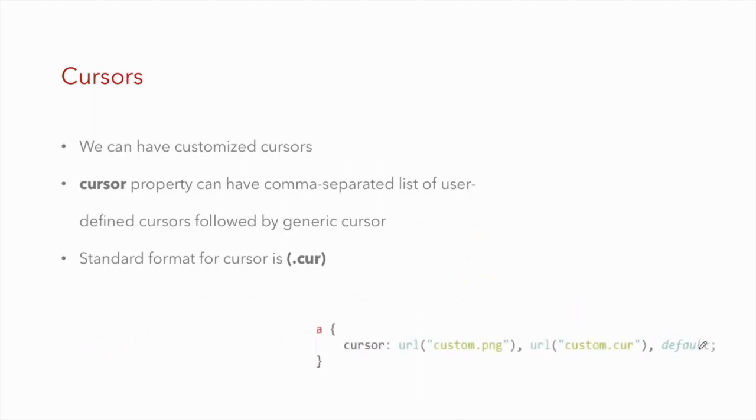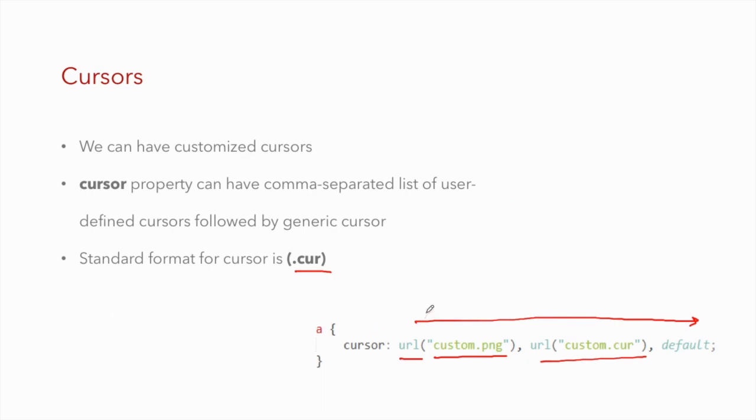You can also have a customized cursor. Again, what we need to do is just specify the URL and the image. However, the standard format for cursors is CUR, which is the extension for cursors, and you can also specify it like this. Similar to font family, you can have multiple cursors like this.